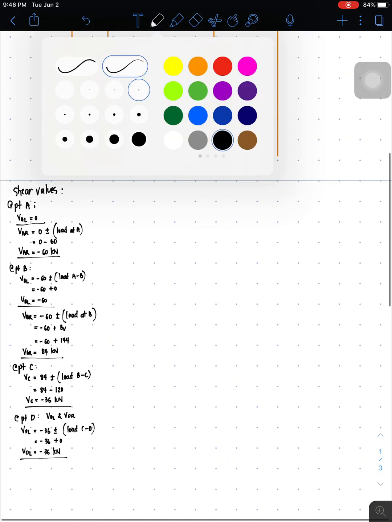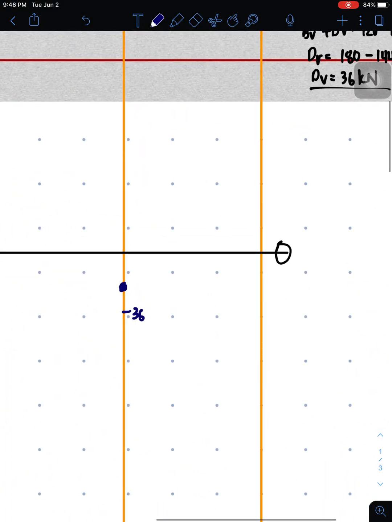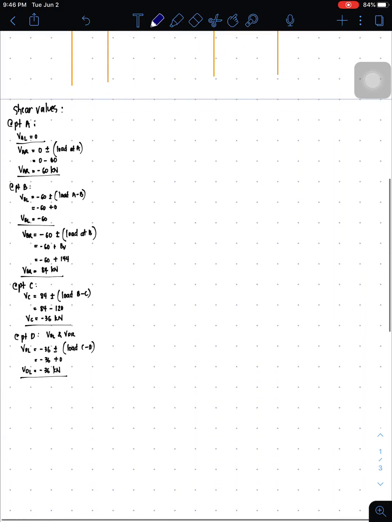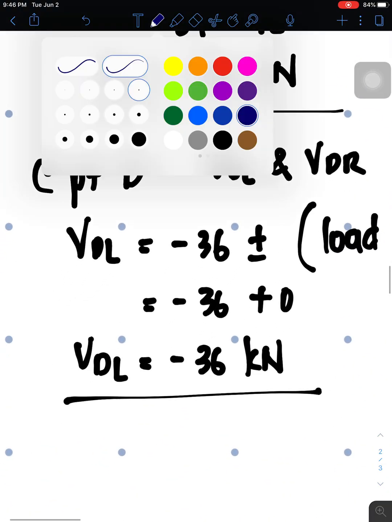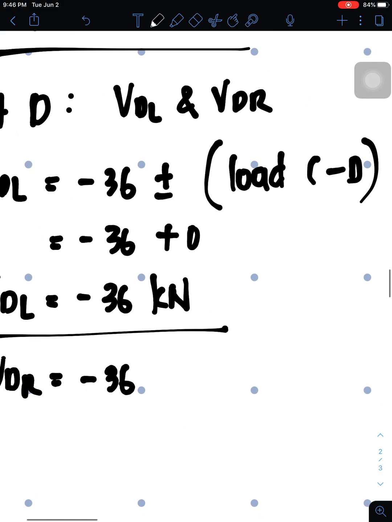Then plot. So negative 36. So it's just here. And that's negative 36. And for the last one, we are going to plot the VDR. Copy the previous value, negative 36.